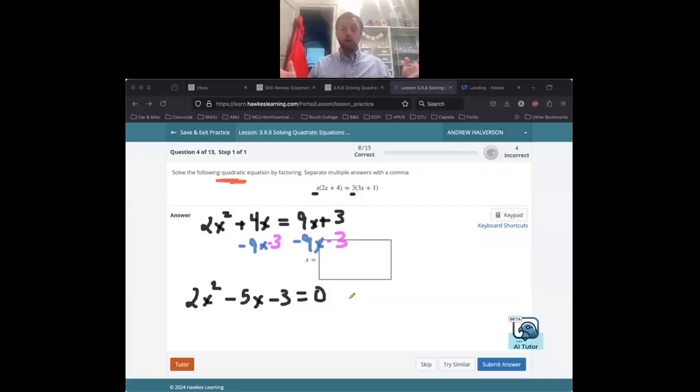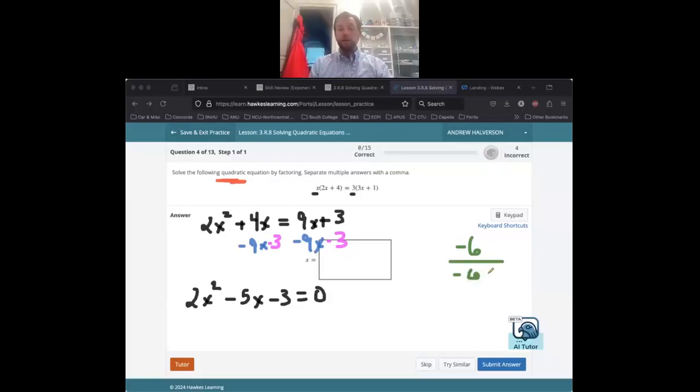Now we factor. And here, it's a trinomial, so you would use the AC method. A times C. So I'm going to come over here on my scratch sheet of paper. A times C gives us negative 6, because it's 2 times negative 3. So what are the factors of negative 6 that add to give us the middle value of negative 5?